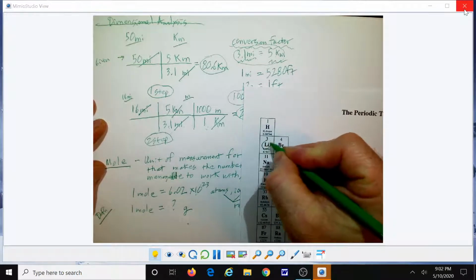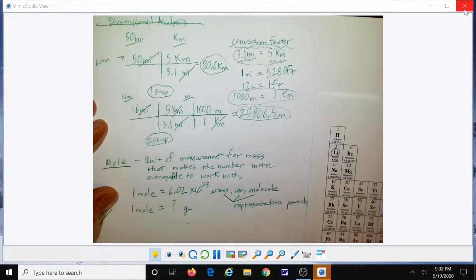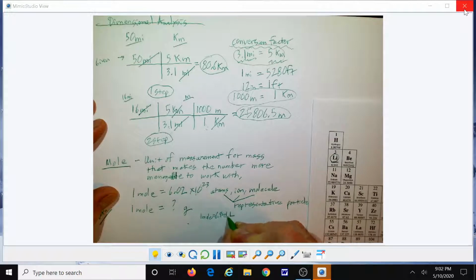Let's say lithium. Well, if you look at that number, it's 6.941. So when you're talking about lithium, that question mark gets replaced with 6.941, right? So let's write that down. So 1 mole would equal 6.941 for lithium, and that's grams.